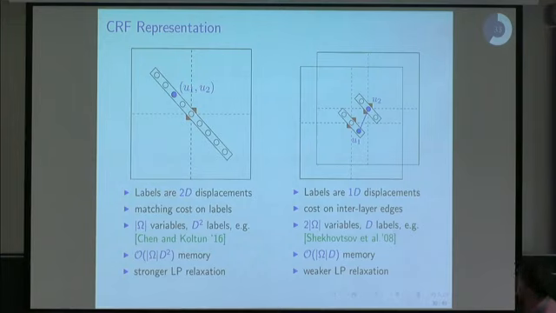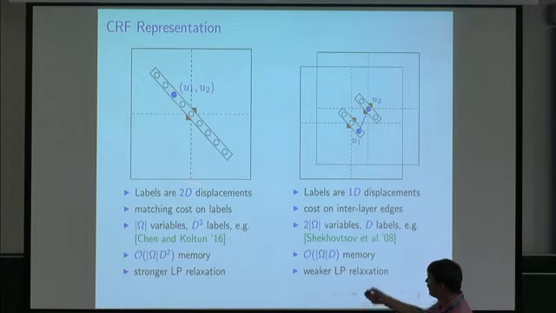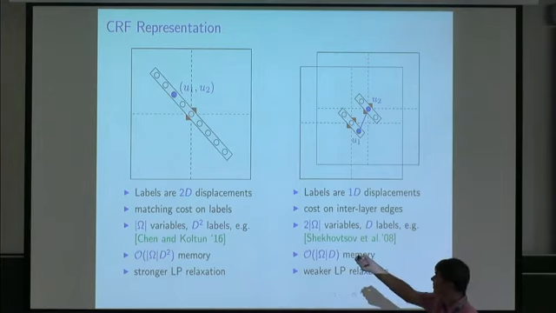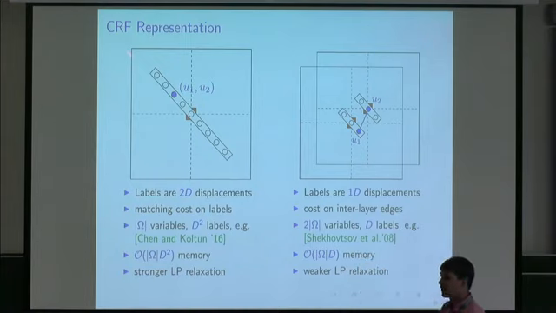So this is maybe better seen here. So this is the original problem where the labels are 2D displacements and the matching costs are on the labels. So for example, if you have 3 horizontal, 3 vertical labels, you have a total of 9 labels. And we split it up into 2 problems with only 3 labels horizontally, 3 labels vertically, and then introduce an additional edge, and the cost of the descriptor matching now lives on the edge.